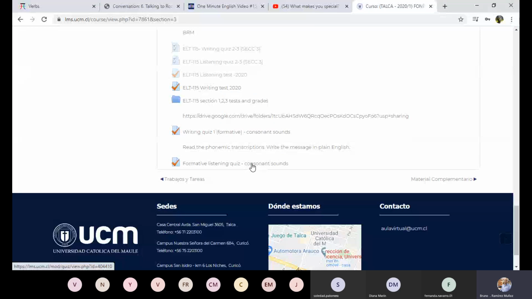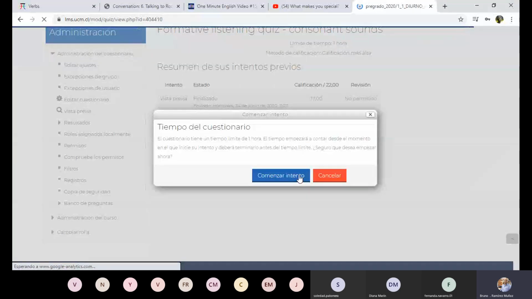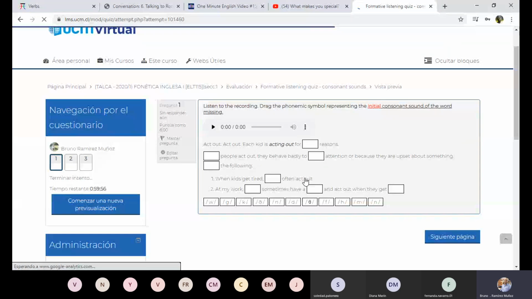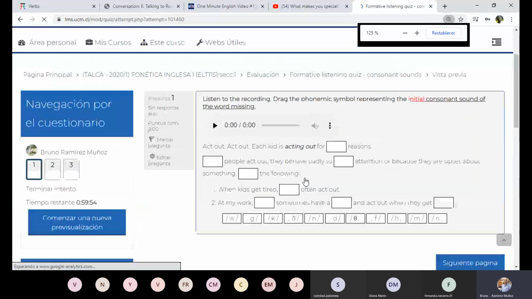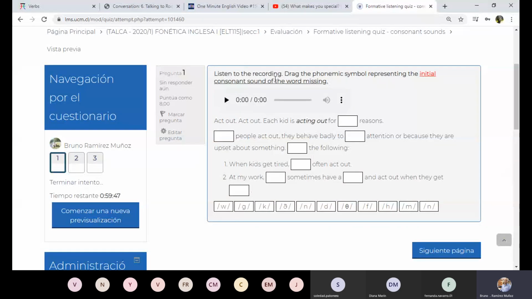If you click there, comenzar intento, you will have an instruction like this. Listen to the recording. Drag is just this action, right? You drag something. Drag the phonemic symbol representing the initial consonant sound of the word missing.